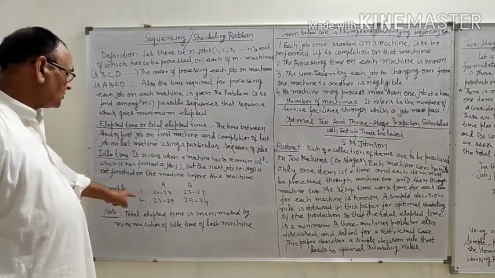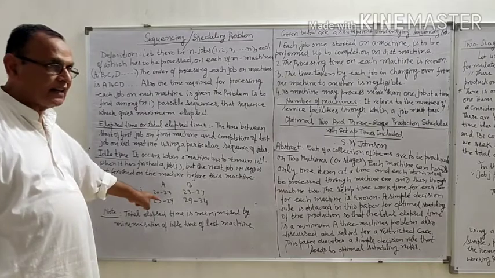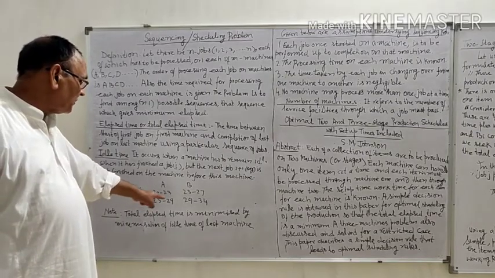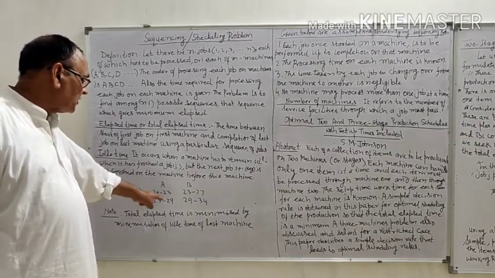If the next job has a processing time of 6 hours on machine A, it will be completed at 29.